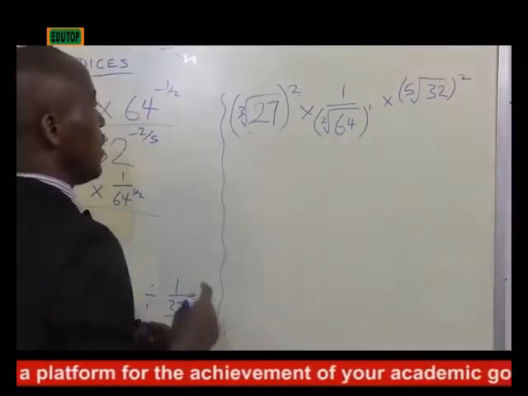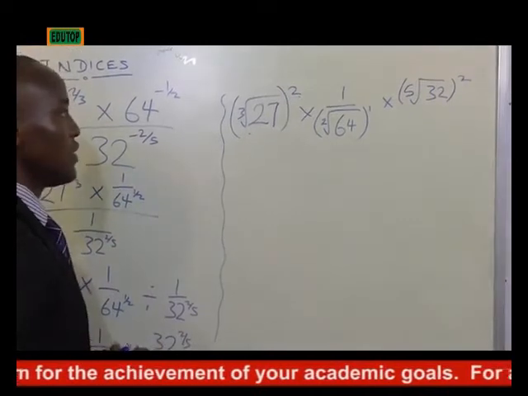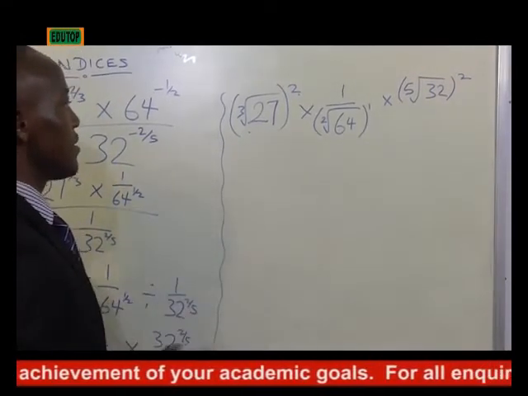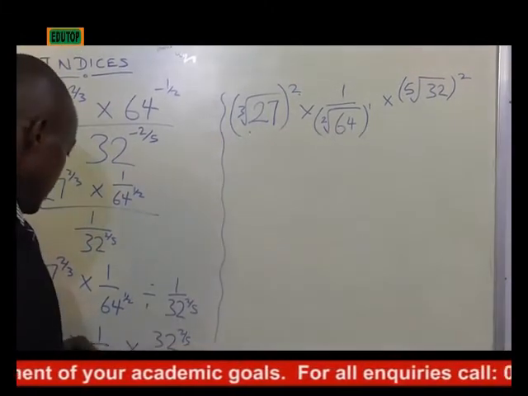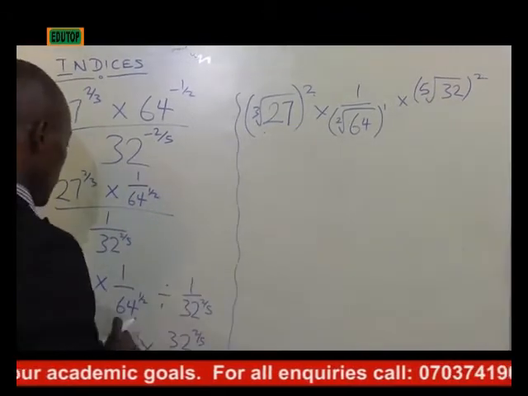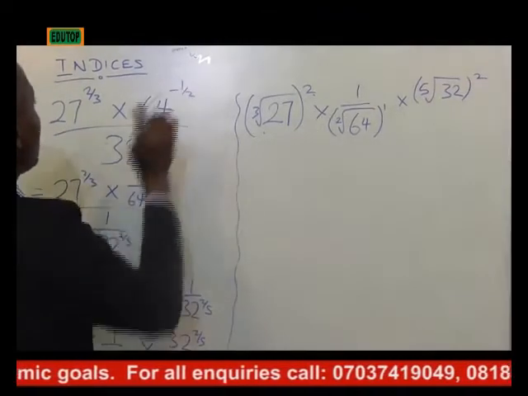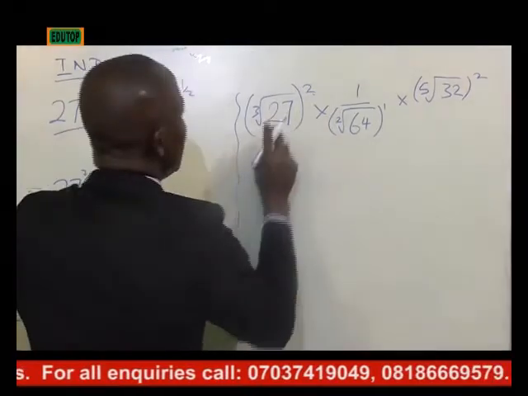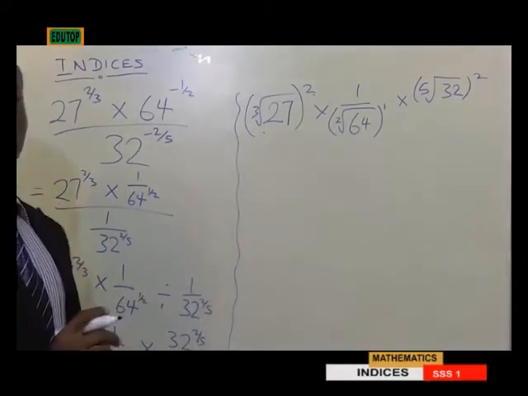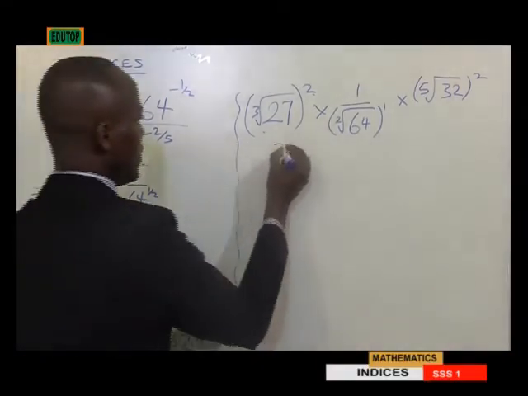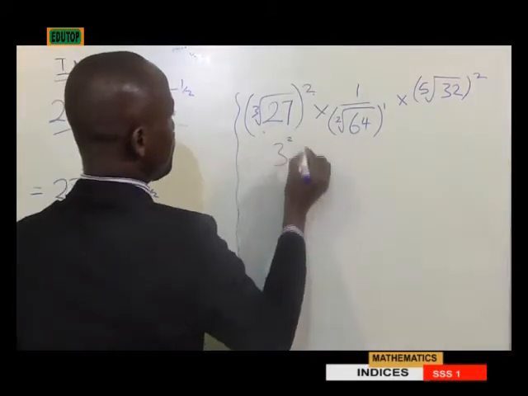We are applying the laws of indices, number 6 and 7, and then I think that's number 5 for this minus. Now the cube root of 27 will give us 3 squared.